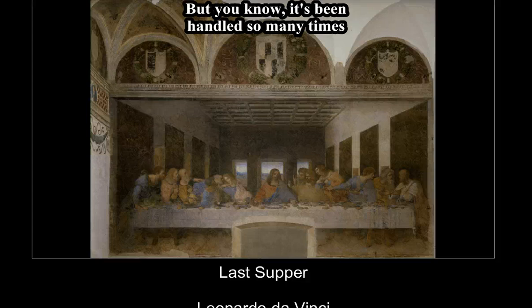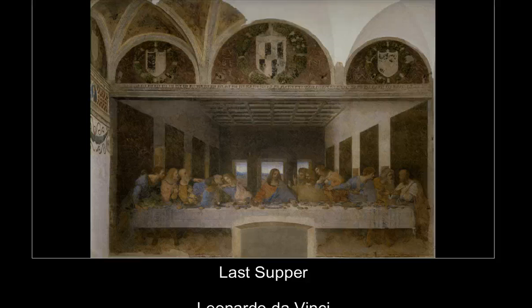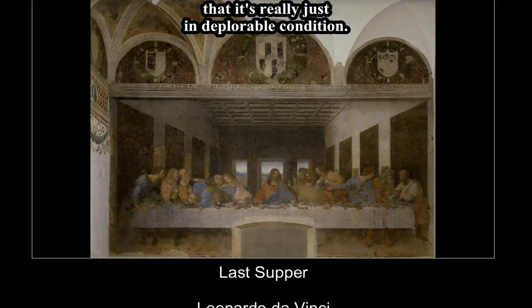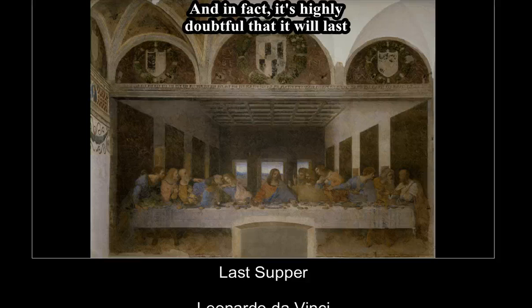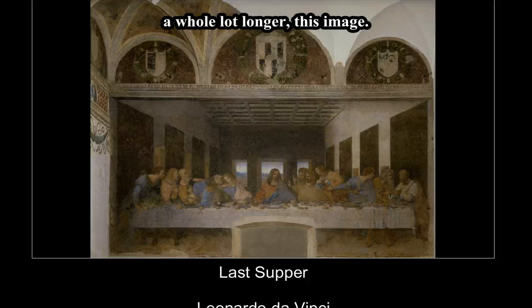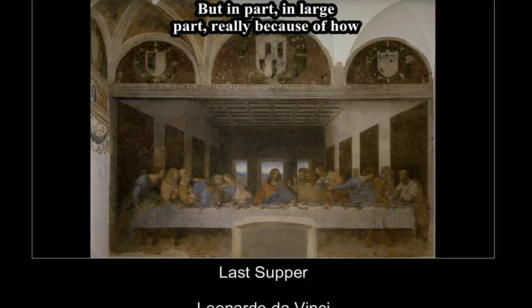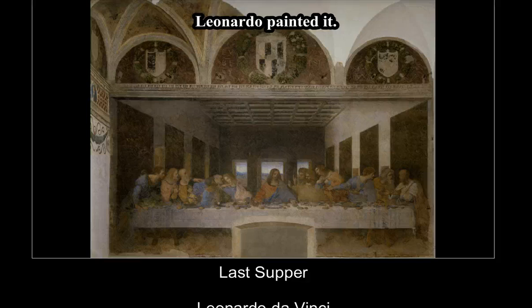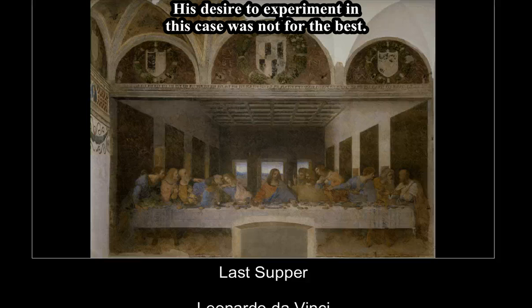But you know, it's been handled so many times that it's really just in deplorable condition, and in fact, it's highly doubtful that it will last a whole lot longer, this image. So it's truly kind of a sad story, but in large part, really because of how Leonardo painted it. His desire to experiment in this case was not for the best.